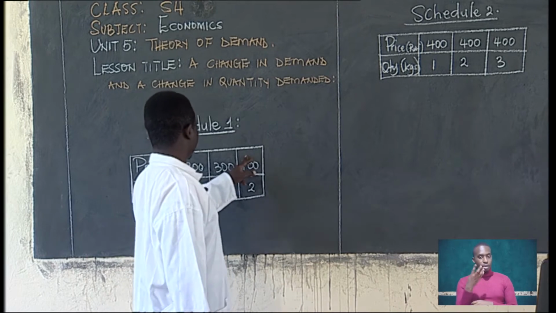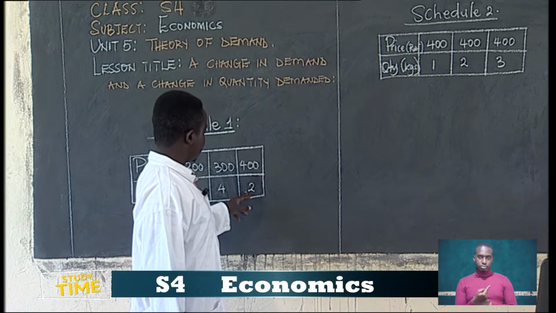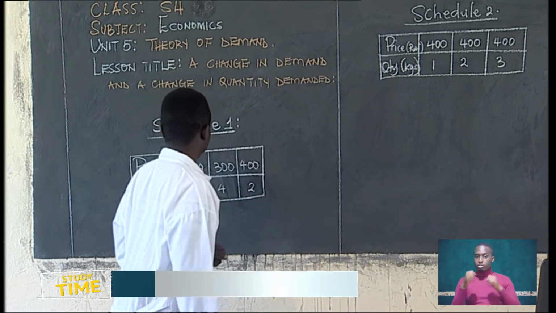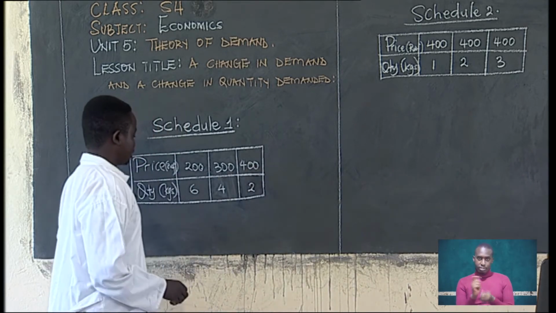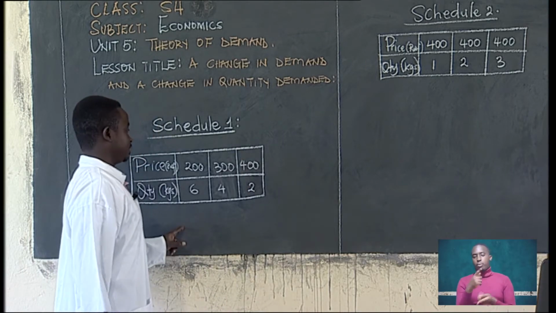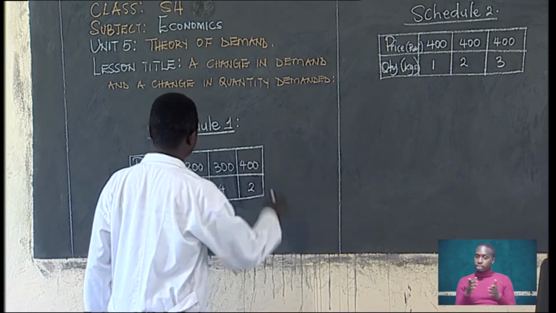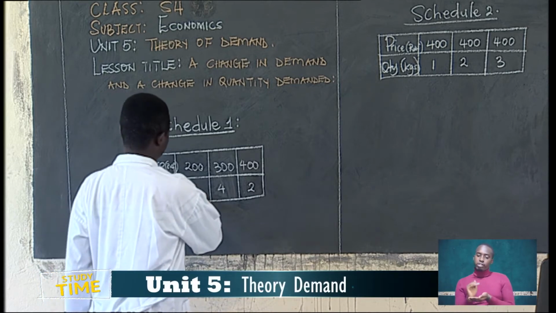And at 400 Rwandan francs, the quantity demanded reduces to 2 kilograms. You can notice that prices are changing, and quantity demanded is also changing. As the price of this commodity increases, there is a reduction in the quantity demanded.